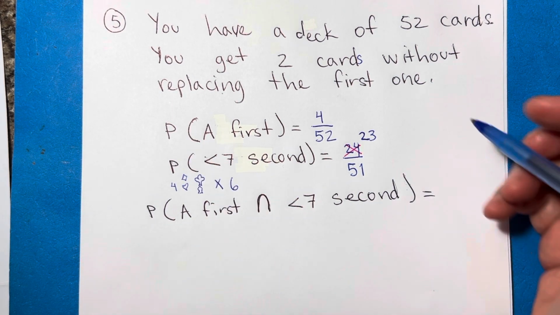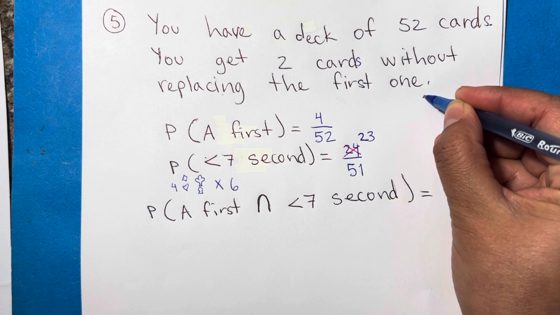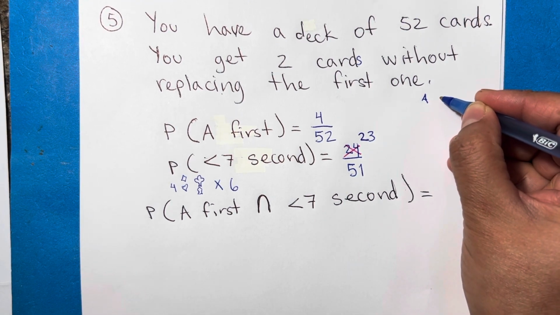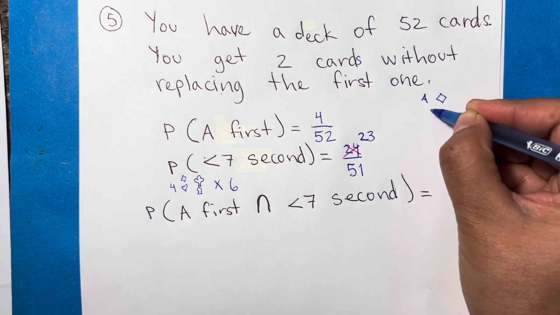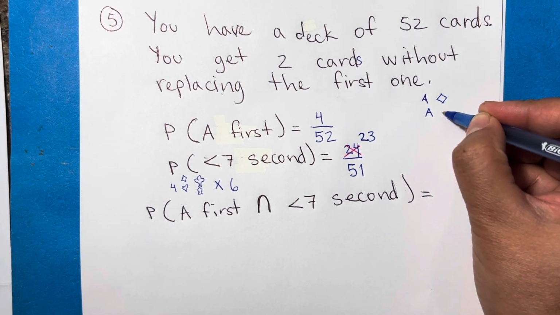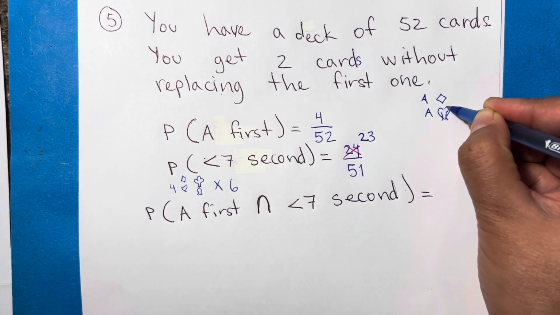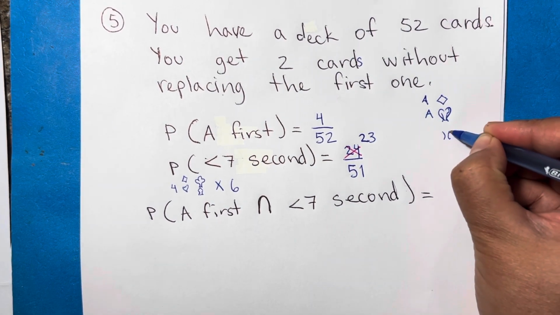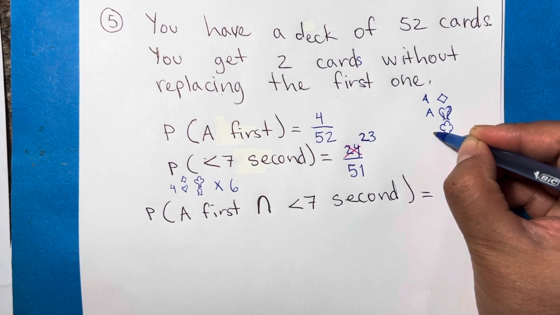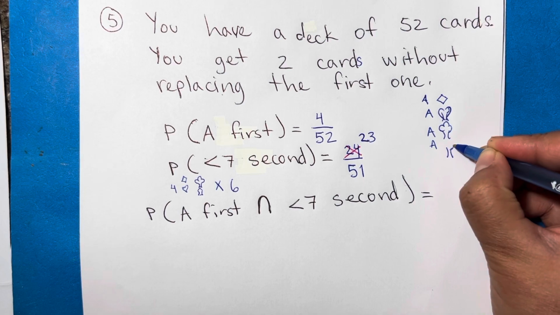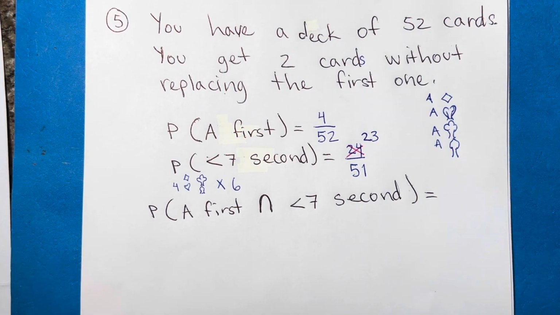Again, for the first event, I either got an ace of either a diamond, an ace of clubs, only one, not all of them. Hearts, clubs, or an ace of spades. Sorry about my shapes.